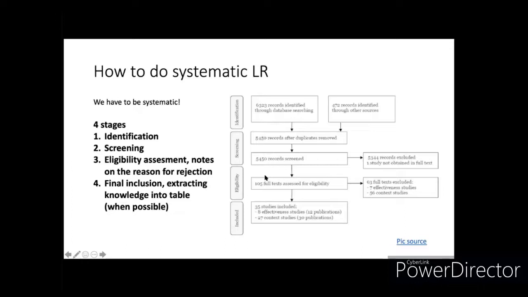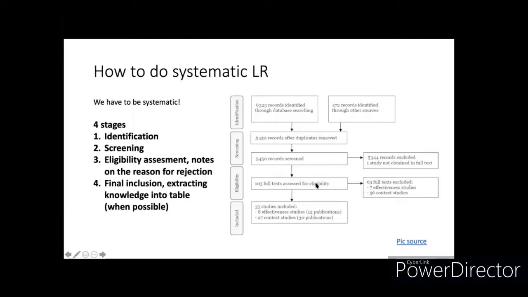The 3rd stage is called the eligibility assessment, and only the papers whose abstracts we accepted as plausible come to this eligibility stage. You see that out of 5,500 papers, we only sent 105 full-text papers to this 3rd stage.